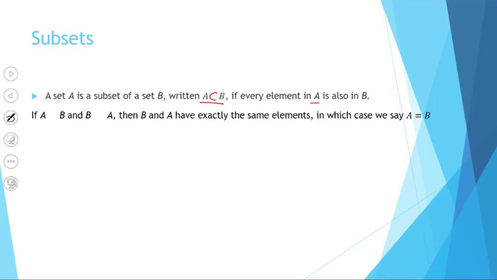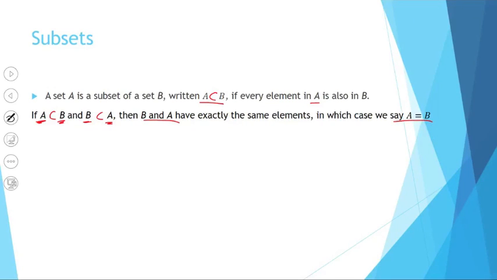So if A is a subset of B, that means all the elements in A are also in B. Like I said, all the guys are also in my class. And if B is also a subset of A, which doesn't really apply to my example, but let's just say that every element in B was also in A. If both of those are true, then B and A have exactly the same elements, in which case we say A equals B.